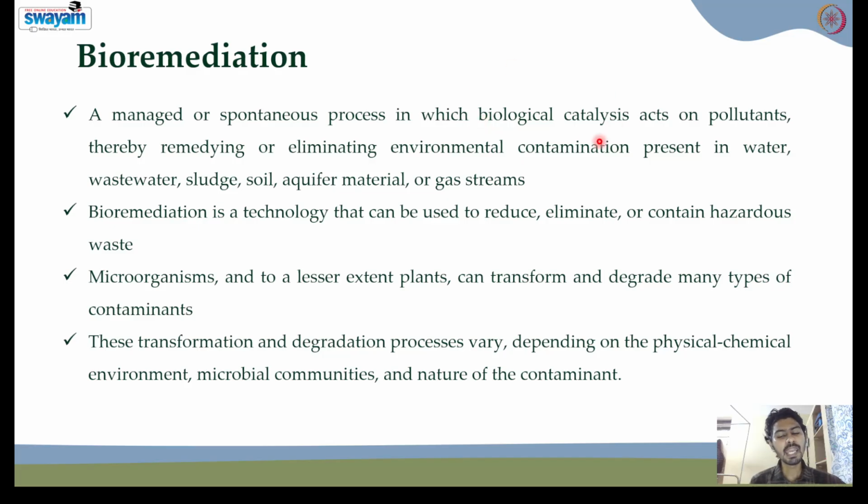So it can be any biological catalysis that acts on the pollutant. And we will be seeing what are the types of pollutants that are present in the environment. Thereby we are trying to remediate or eliminate the environmental contaminants that are present in the environment. And these contaminants can be in water, wastewater, or sludge, soil, aquifer materials, or gas stream.